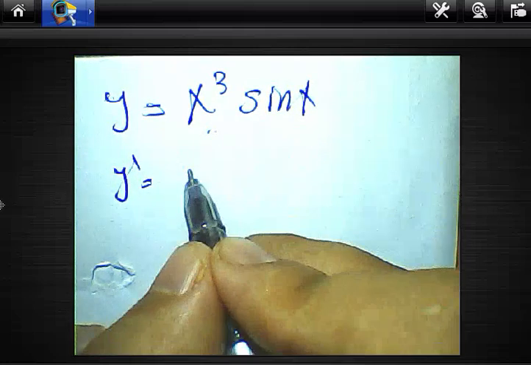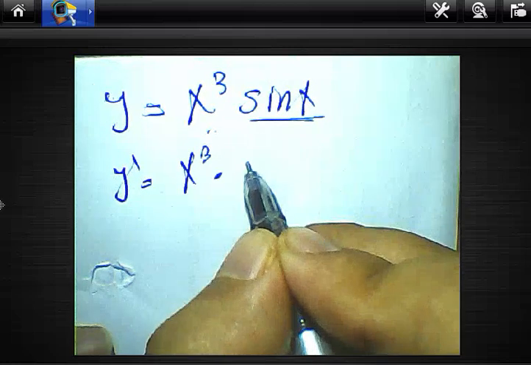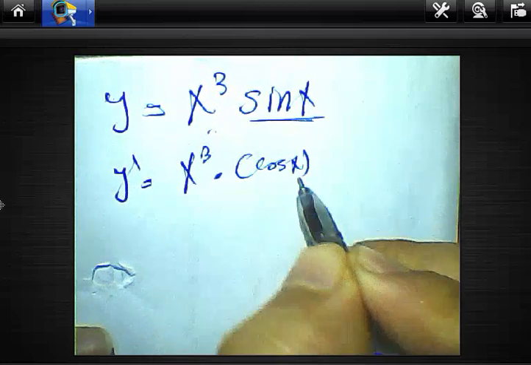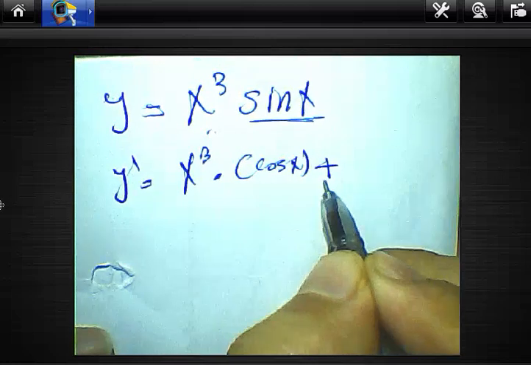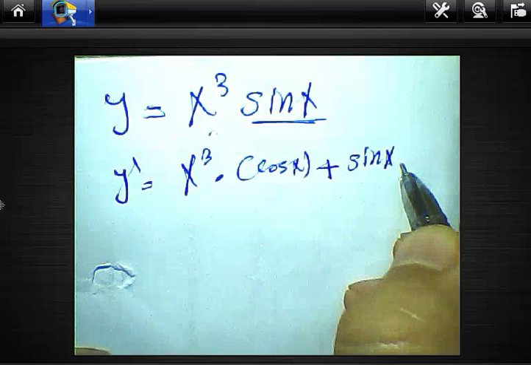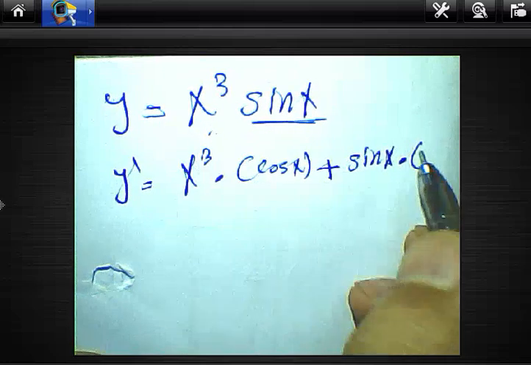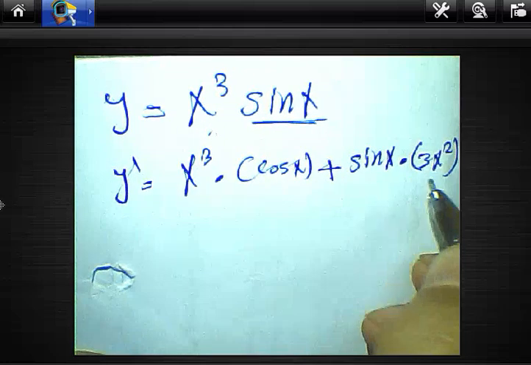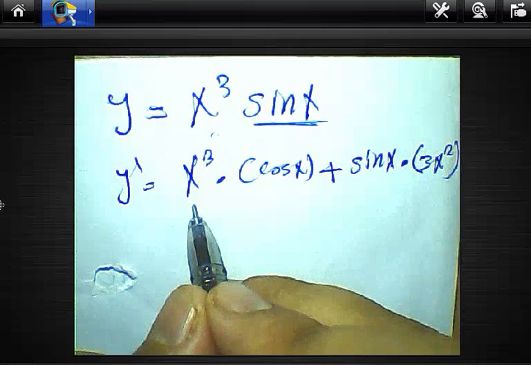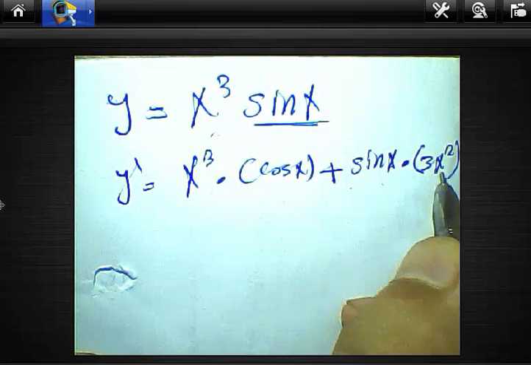Or we can write the first here, x power 3, multiply the derivative of the second, which will be cosine x. And then we can write plus the second here, sine x, multiply the derivative of the first, which will be 3x squared. Okay, first multiply by the derivative of the second, and write the second multiply by the derivative of the first.